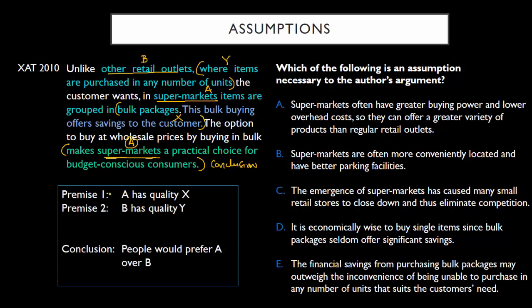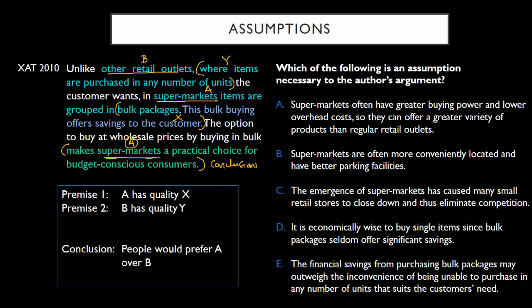So you look at the argument like this: A has quality X, B has quality Y, and people would prefer A over B. So in this case, supermarket has a certain quality, the retail outlet has a certain quality, people would prefer supermarket, at least some kind of people will prefer supermarket over other retail outlets.